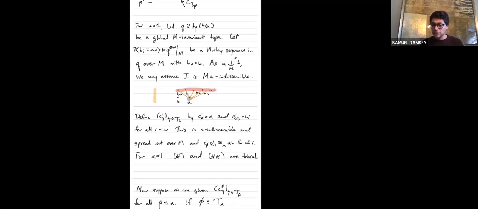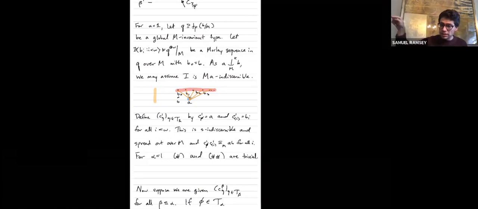The node that is not at the top is A. And if I look at the cone above it, the only thing in each one of those cones is just Bi, because the cone consists of one tuple. And those things are a Morley sequence in a global M-invariant type by construction. That's how I chose the Bi's. So that gives me a spread out tree.